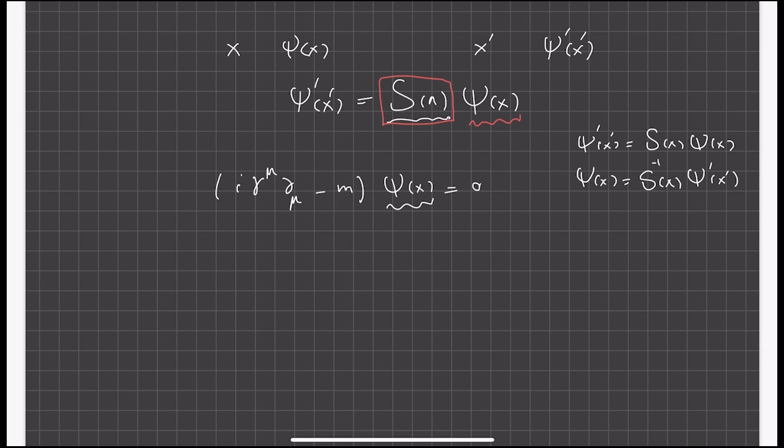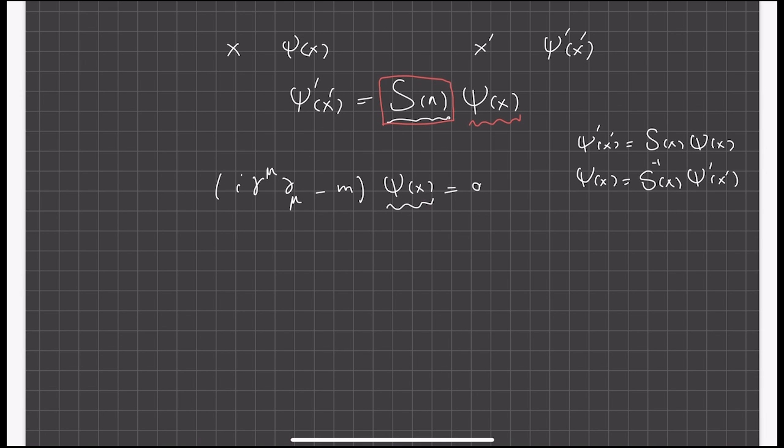For any particular boost, we find the opposite boost that takes us back to our original coordinate and gives the identity. So such inverses exist, and we can write psi of x as the inverse of that matrix acting on psi prime of x prime.